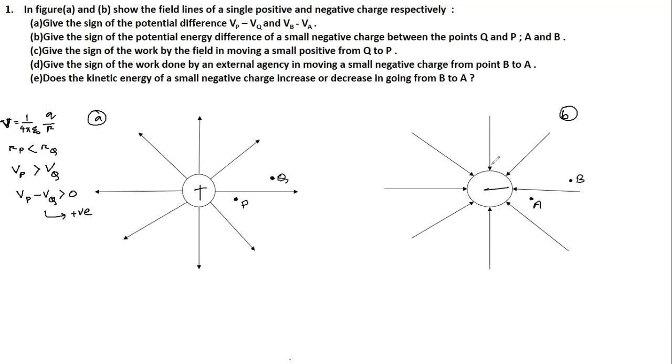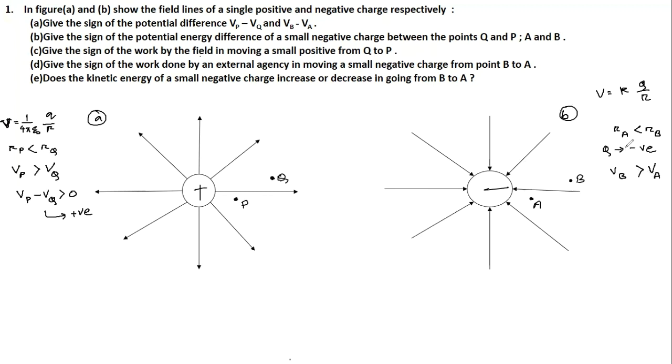Right? Now in the second diagram, even though Ra is less than Rb, the charge provided in this question is negative. Q is negative here, in the same equation K Q by R. Now since Q is negative, Vb will be greater than Va.